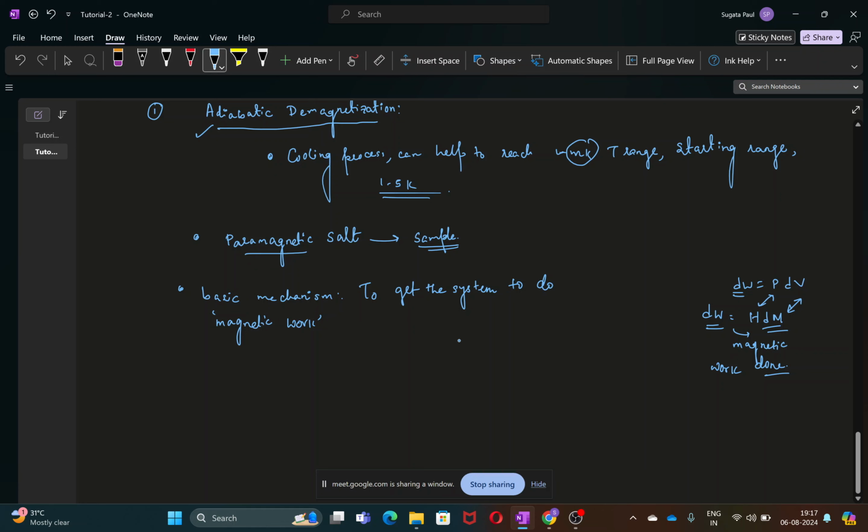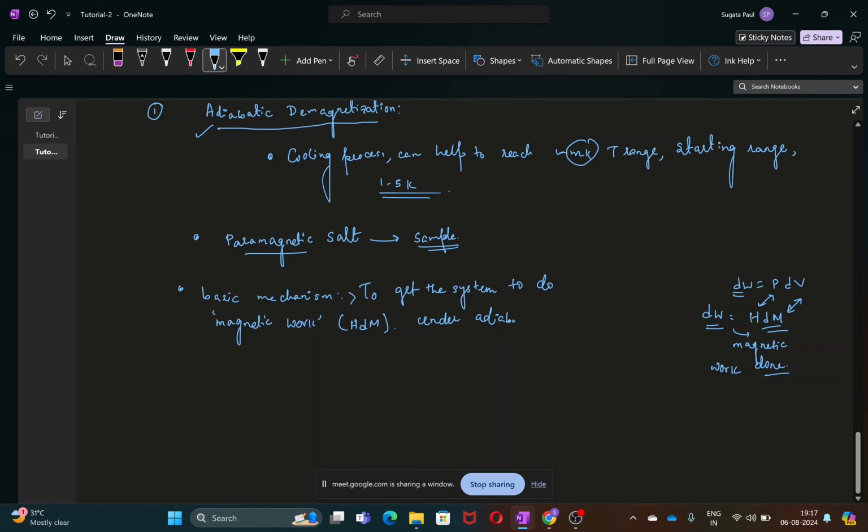So the basic mechanism is to get the system to do magnetic work, where the magnetic work is H dM, under adiabatic condition. So the work done is happening under adiabatic condition.